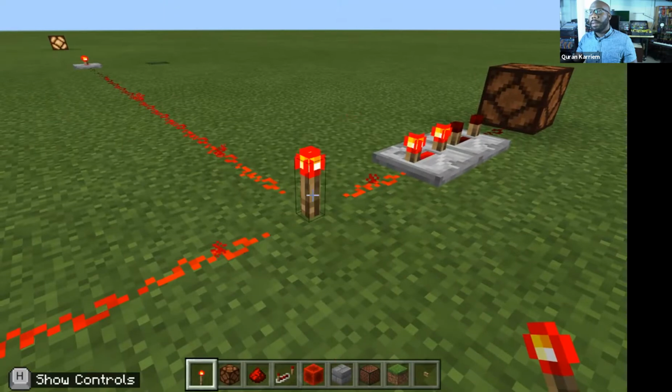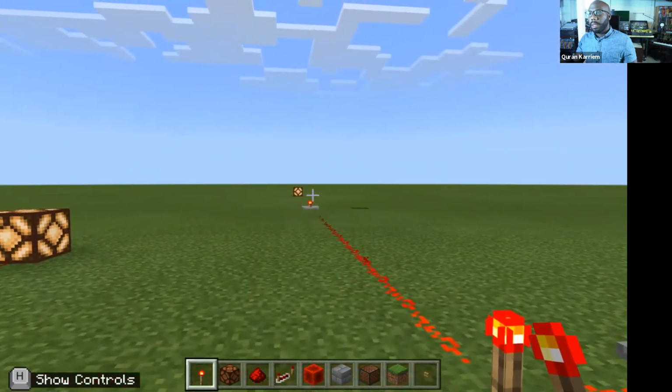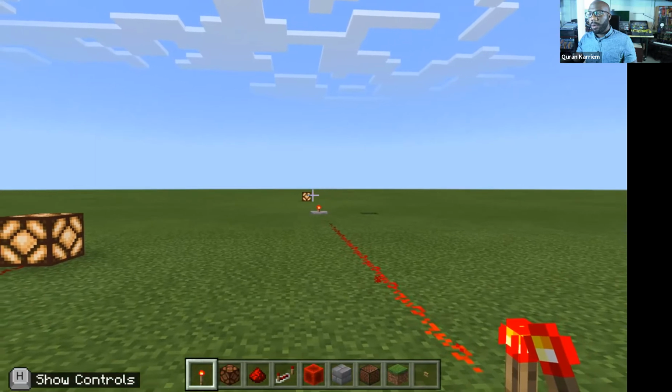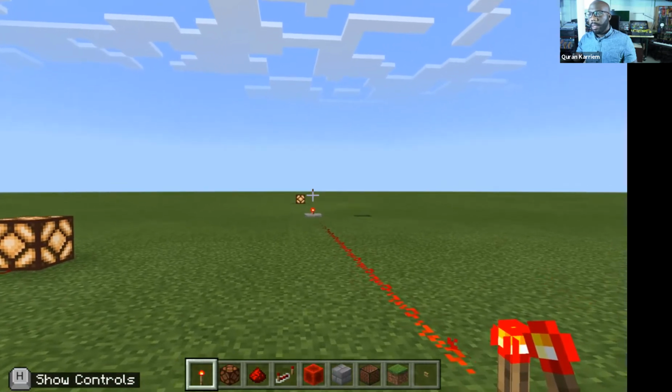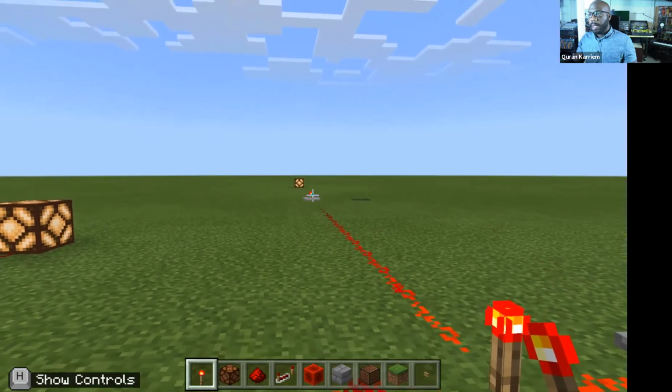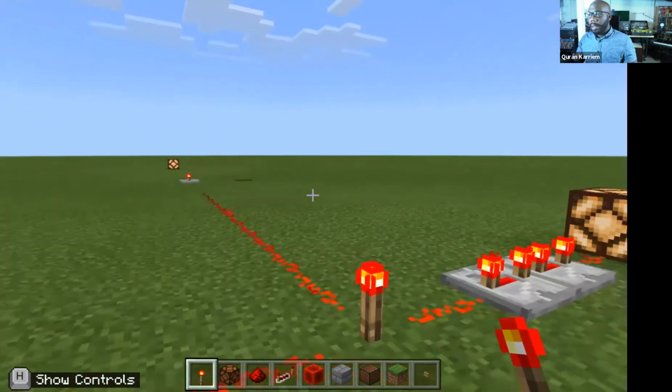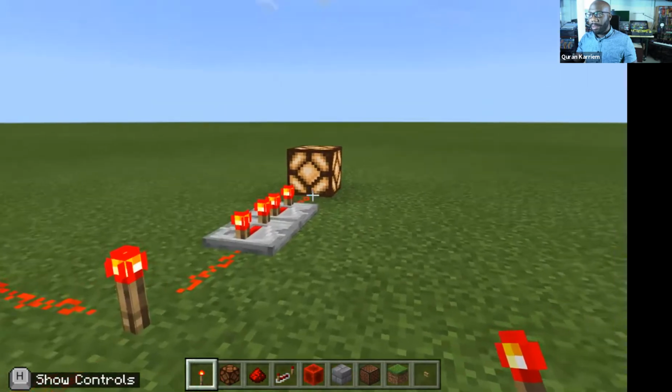Place them. Okay, so even though that lamp is a lot further away, it turned on really quickly because there's only a 0.1 second delay with that repeater, and there's a 0.8 second delay with this repeater.